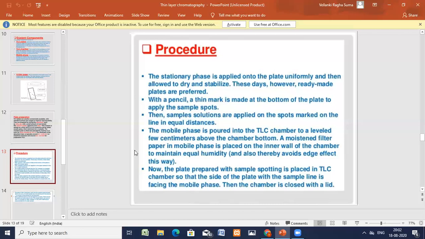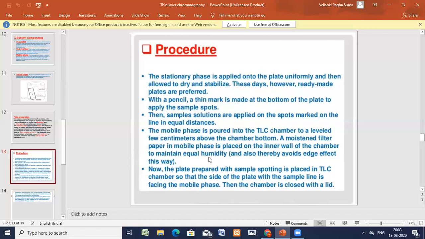Here it's typed wrong: it is not the filter paper, it is the prepared plate that is placed in the mobile phase. And a moistened filter paper in the mobile phase is placed on the inner wall of the chamber to maintain equal humidity.